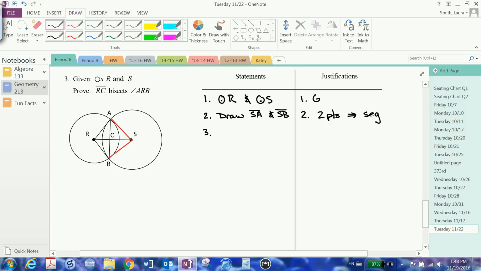All right. So next I would say that RA and RB are radii of circle R, and SA and SB are radii of circle S. And that we can assume from the diagram.